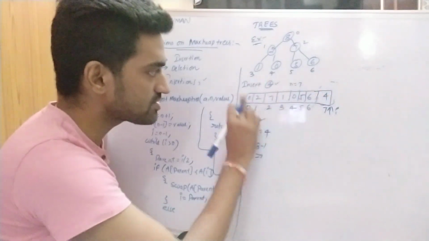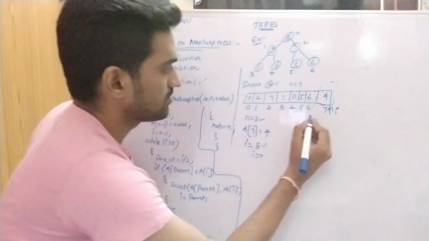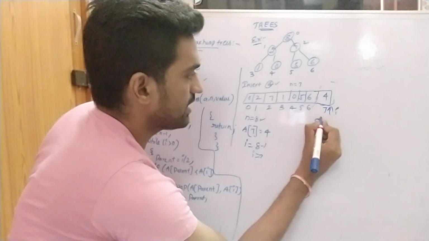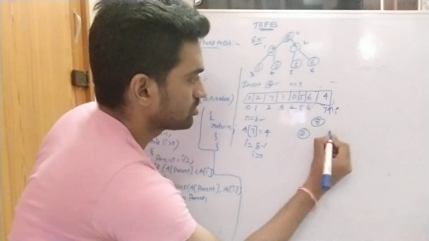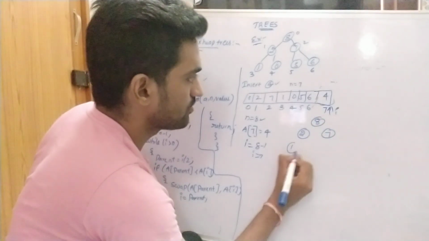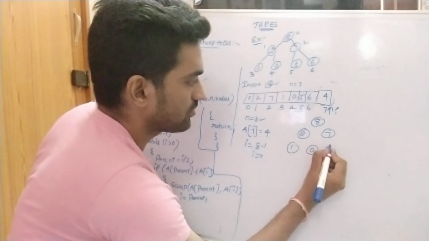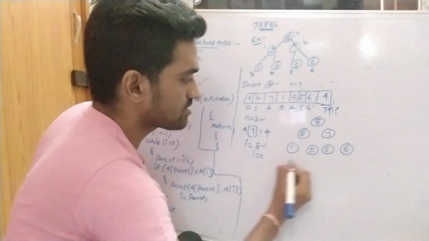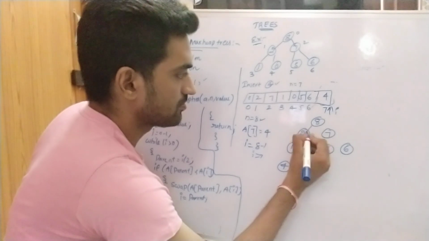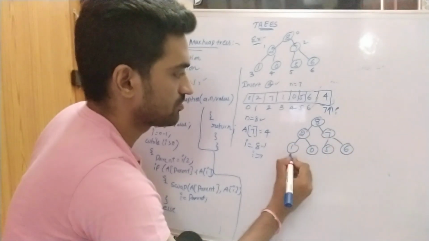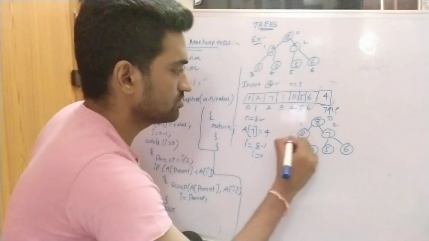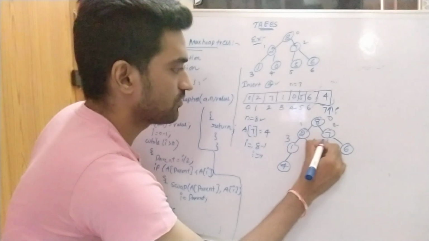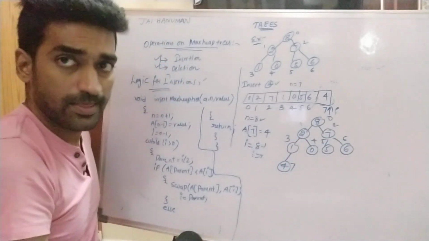What is the tree representation for this array? 8 2 7 1 0 5 6 4, with indices 0 1 2 3 4 5 6 7.